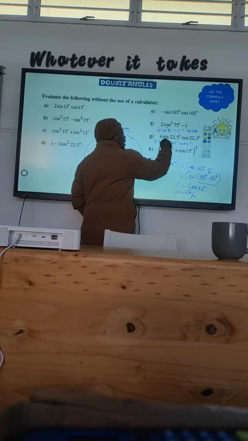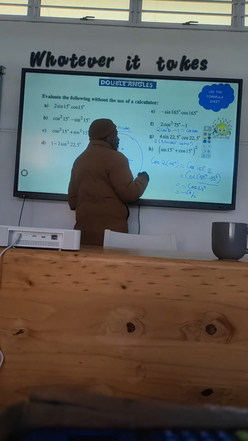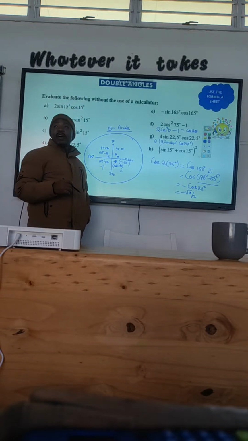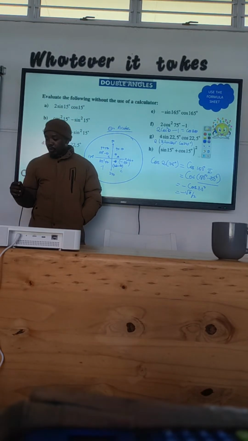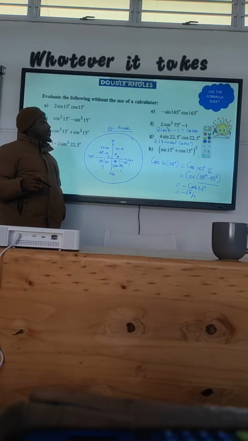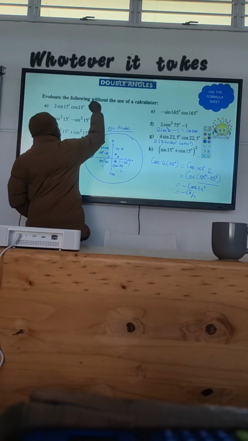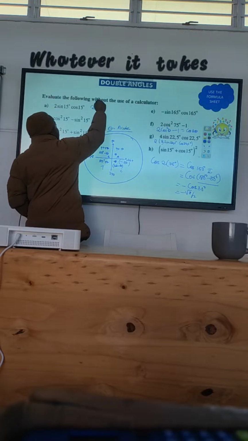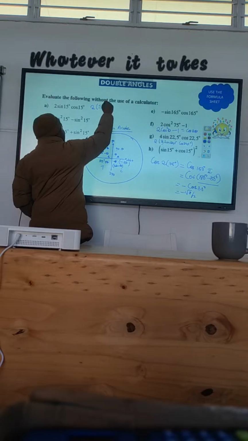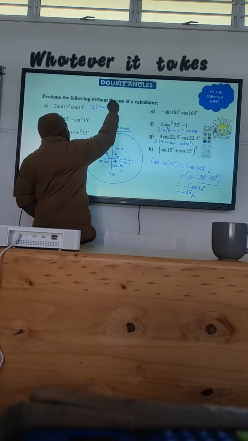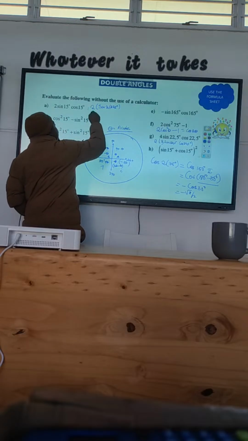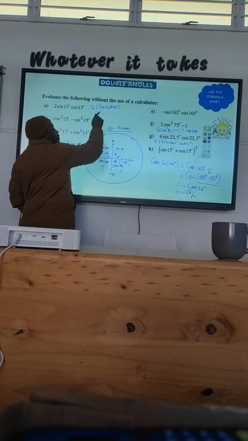And then this is familiar. And then what will be the answer? It will be 2, and then this will be the sine double angle of 2 times 22.5. And our answer will be 2, and then this will be 45.